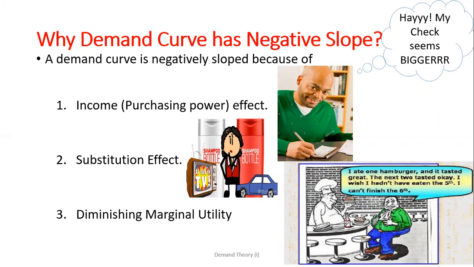Therefore, consumers' willingness to buy another unit of a good, second, third, fourth, fifth unit of a good, will go on decreasing. Hence, consumer will only buy a greater amount of a commodity when it is given at lower price.